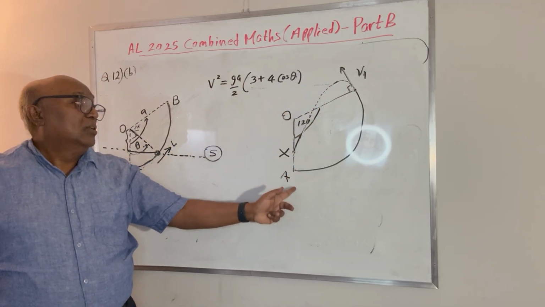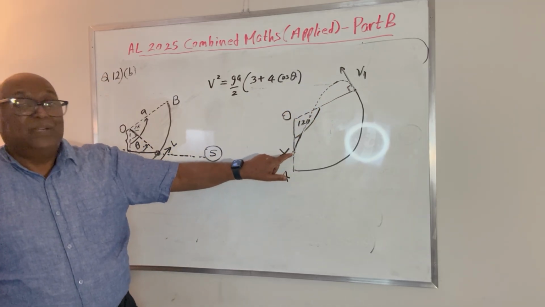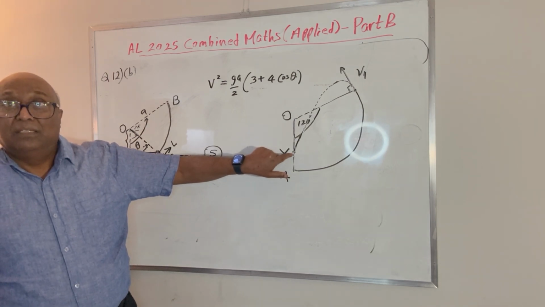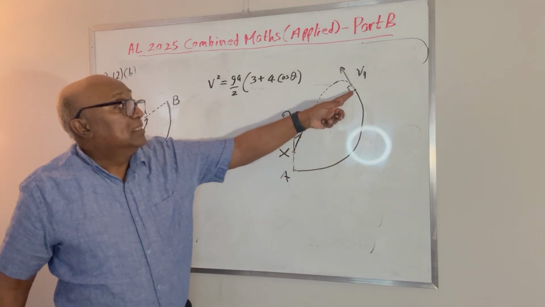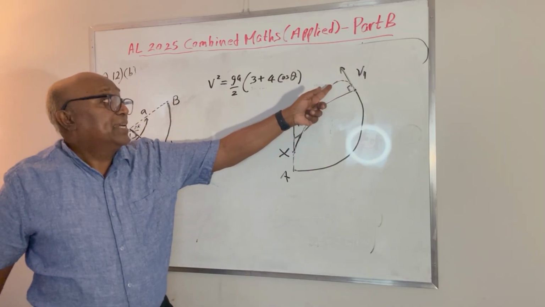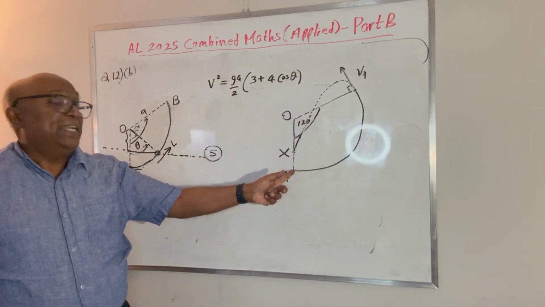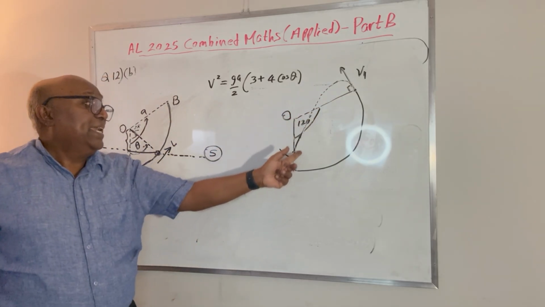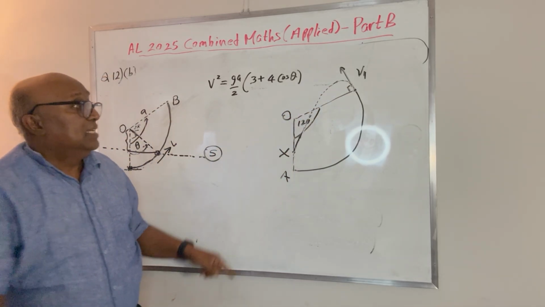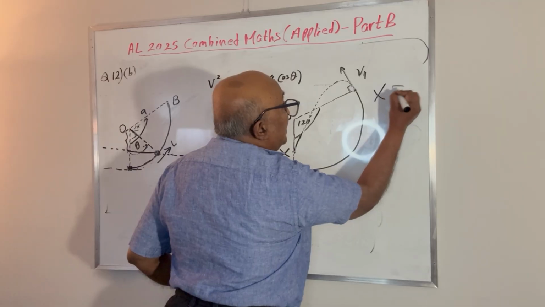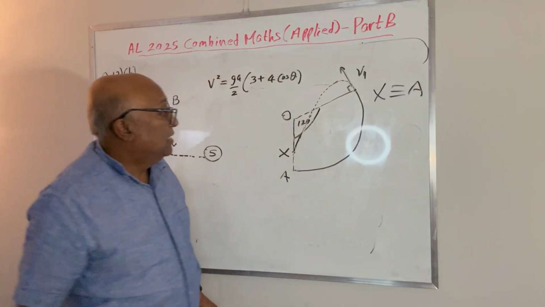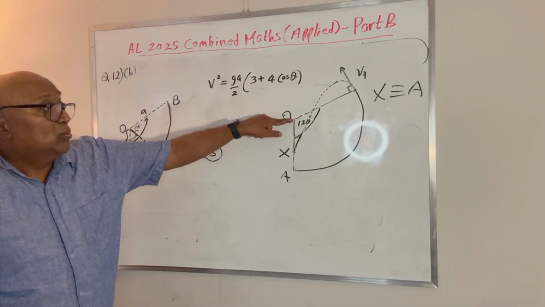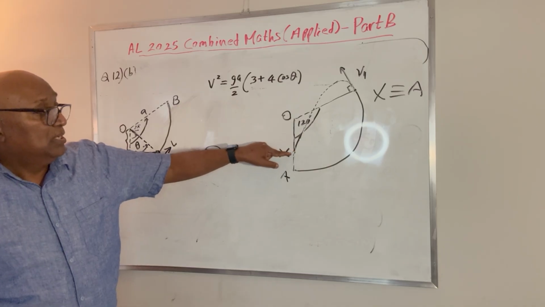It cuts the line OA at X. That's my assumption. But we have been asked to show the particle is coming back through A. If the particle is going through A, what do you have to say? X is coinciding with A. That means we have to prove OX is equal to OA.